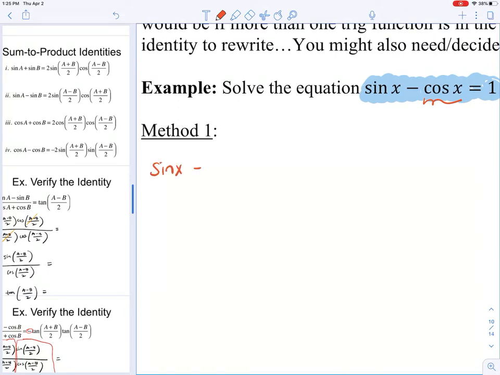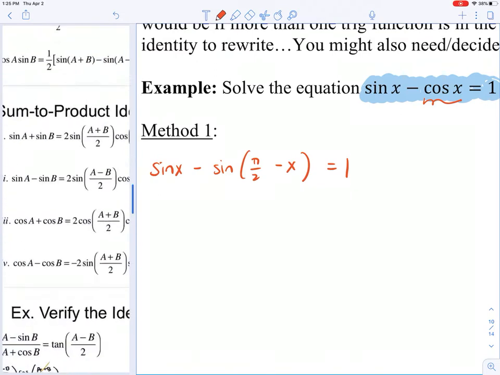So my first line will be sine of x minus sine of pi over 2 minus x equals 1. And this is not the only way to go about solving this. If you remember when you were verifying identities, there were a lot of different ways to verify the identity. So there are different identities that you could use to rewrite these equations and be able to actually solve them. This is just one way that I saw.